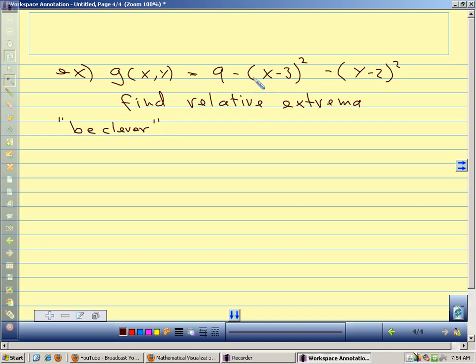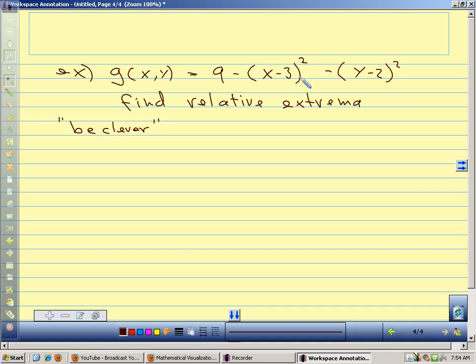Because we're subtracting here, and anything that we put in for x and y, we're going to be subtracting a larger number. Even if x and y were less than 0, we would still square, so we're going to be subtracting something from 9.